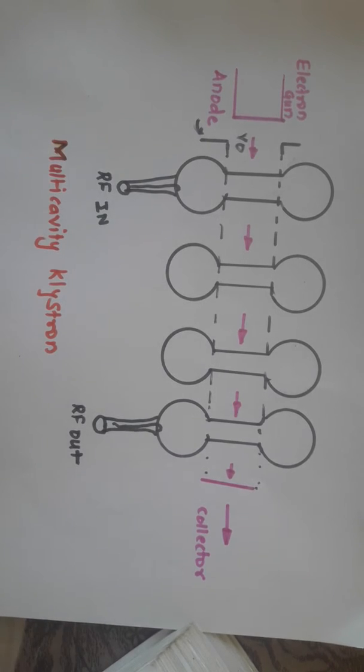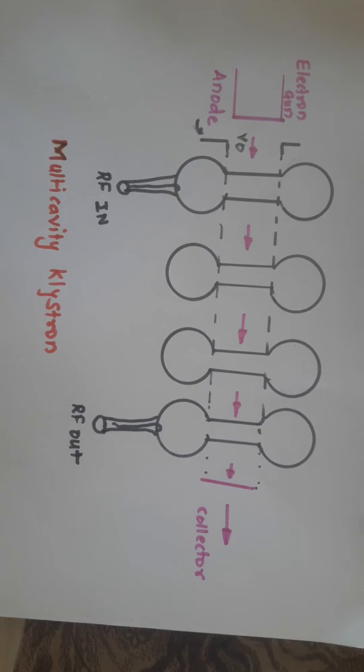Now in this lecture we are going to discuss the multi-cavity klystron. Why is it called the multi-cavity klystron? Because the number of cavities is increased here. In our previous session on the two-cavity klystron, we discussed that there is only one buncher cavity and one catcher cavity, so that klystron is called a two-cavity klystron.